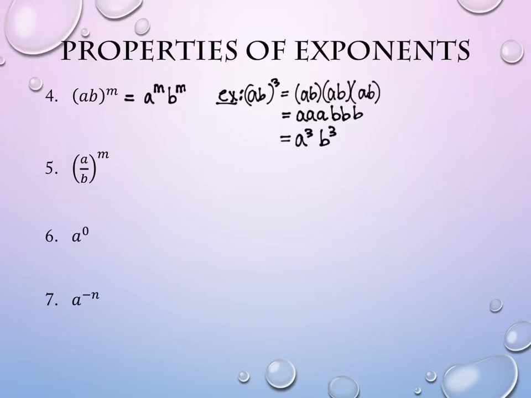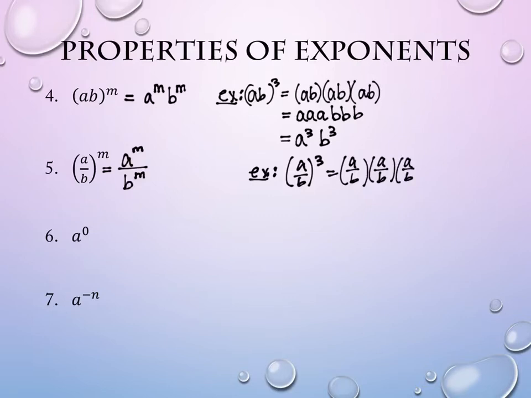It's even easier to see with division, actually, because you don't feel like you have to shift anything around. So if it's divided, you also have the ability to distribute the exponent. So if we have a over b cubed, it means I have a over b times a over b times a over b.